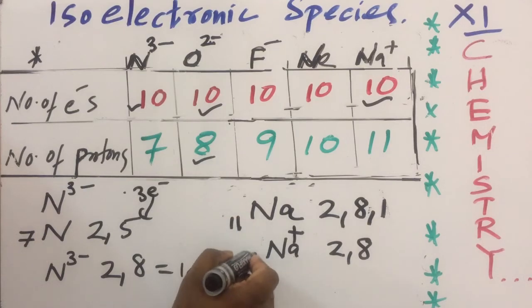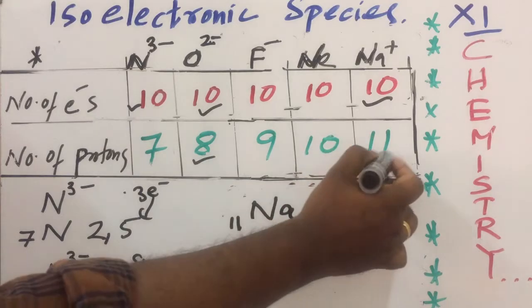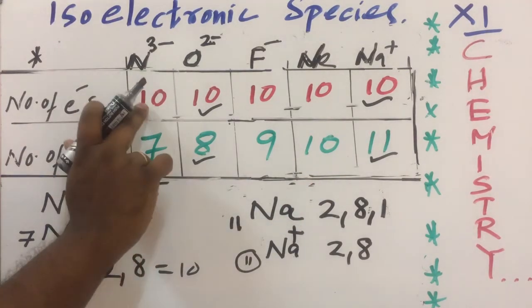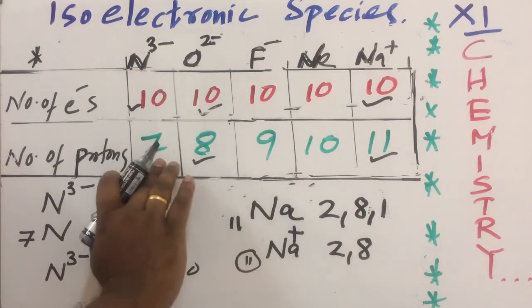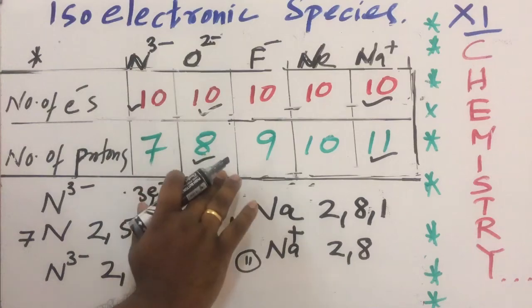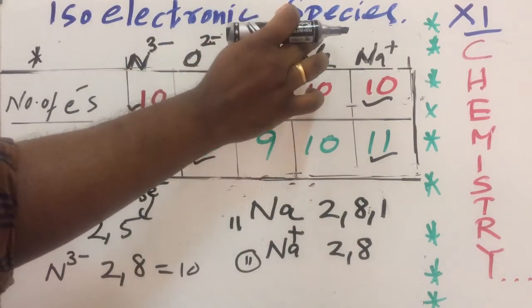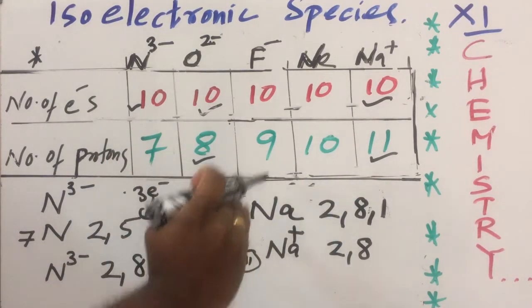Again 11, because proton number will not change. So now it's very clear. In all the ions, the number of electrons is the same, but the only difference is in the number of protons or nuclear charge. Such species are called isoelectronic species, and this series of ions together is called an isoelectronic series.